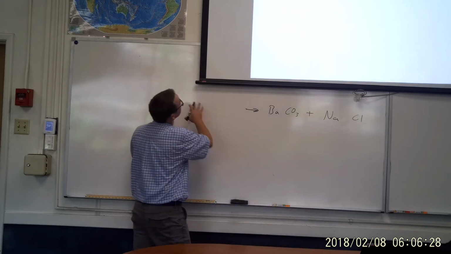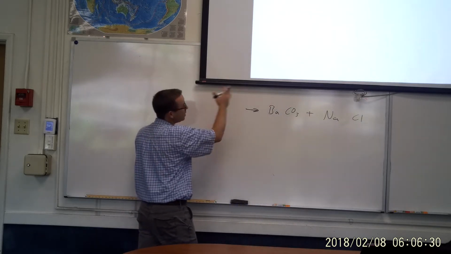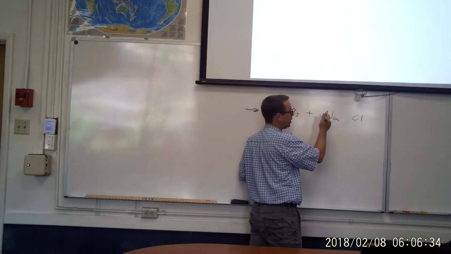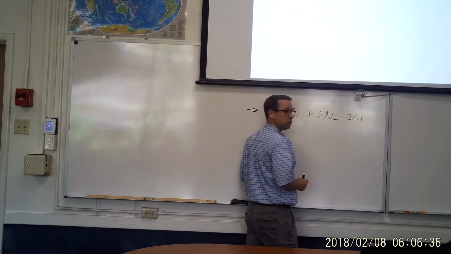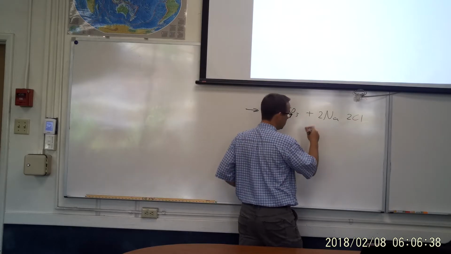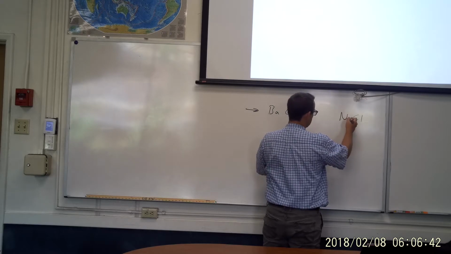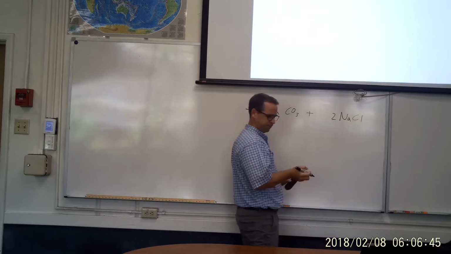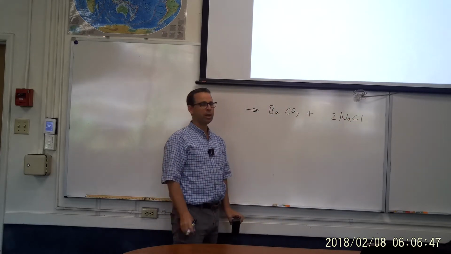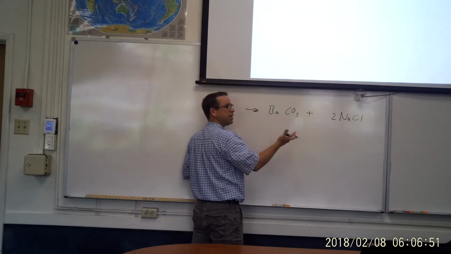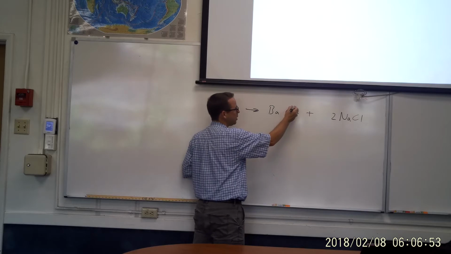Now, because of what we started with, we see that there are 2 chloride ions and 2 sodium ions, so you could put that there if you wanted to. And then you would see that if those come together, it's going to be sodium chloride, and there would be 2 of them. Barium carbonate, how are those going to come together? I take a peek at my polyatomic ion and see that this is a -2.